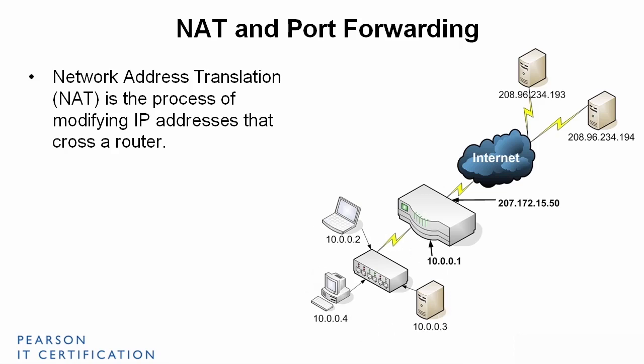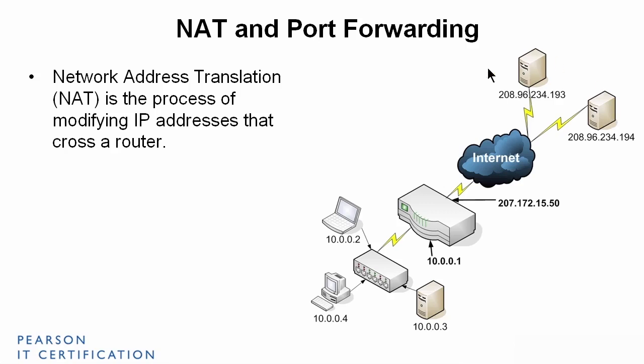And so whenever one computer, say this laptop, wants to communicate with servers on the internet, that information will be converted. Every packet dealing with that IP address will be converted to the public address of the router, 207.172.15.50, or whatever public address was assigned to that router by the ISP out on the internet.